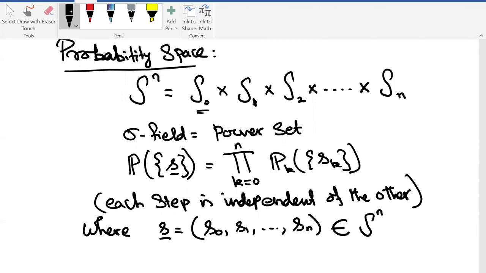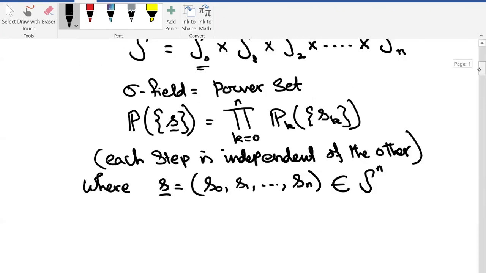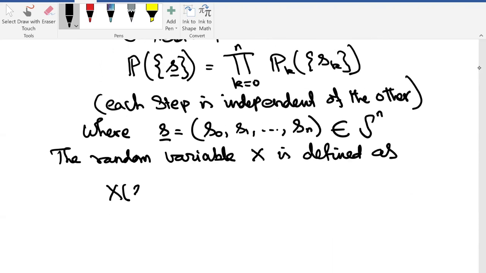Now, how is the random variable defined? The random variable is X of s, that is the vector s, because it is a map from your sample set S^n, the n-dimensional set, to R, which is equal to the stock price at t equal to 0 times the product of all the components of s.